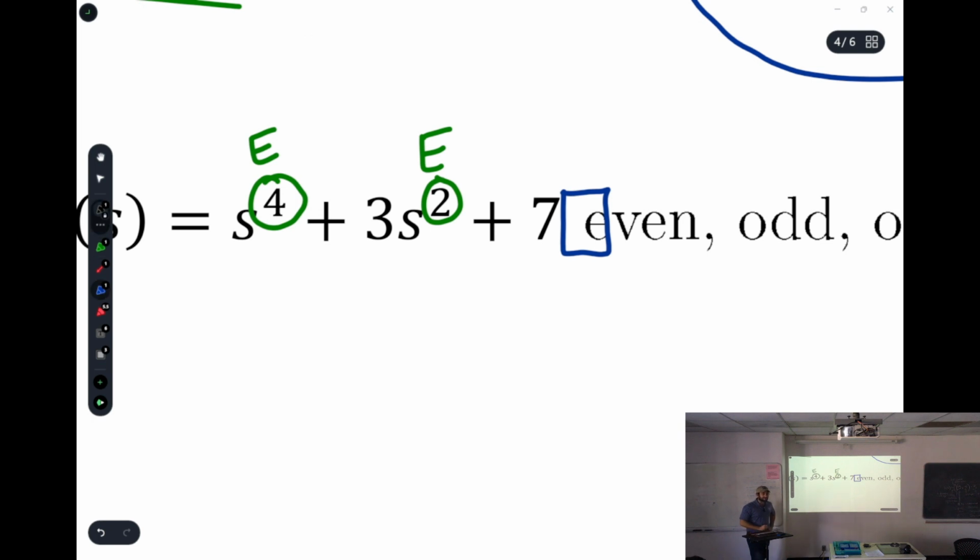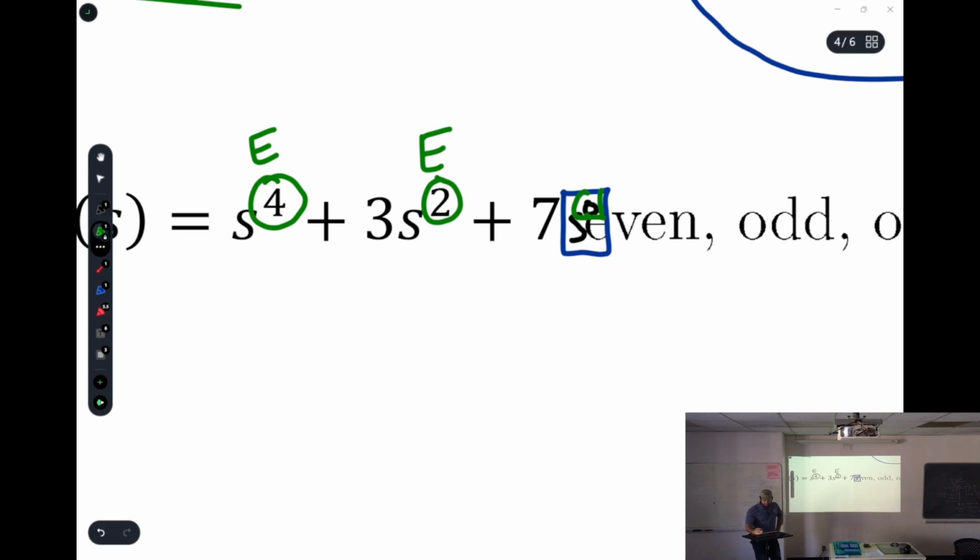What variable is there? It is S. S to the 0 power is just 1, right? And now we can keep our pattern going.